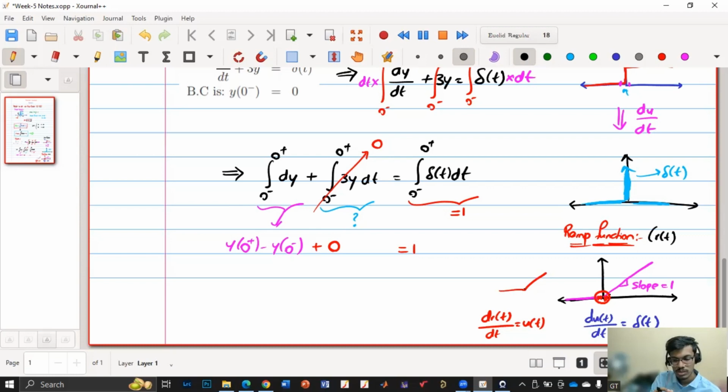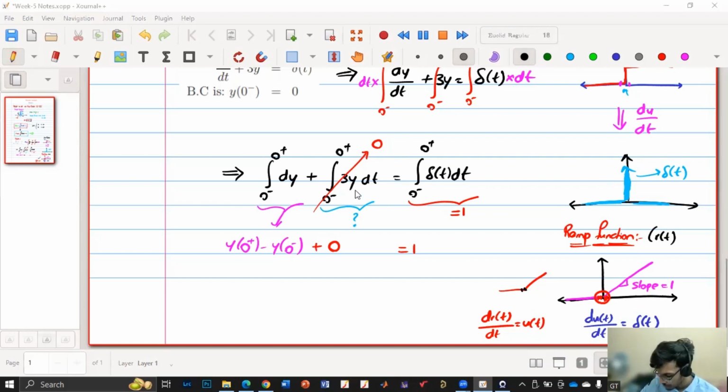So the values are very close. Now if I integrate y(t), I'll get this r(t). Now I have to apply the integral, so I have to calculate the difference between this point and this point, which is basically 0, because we are integrating from 0- to 0+, a very finite interval. If it is a continuous function, the values at 0- and 0+ are the same.